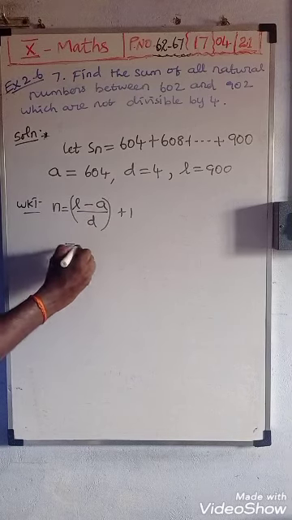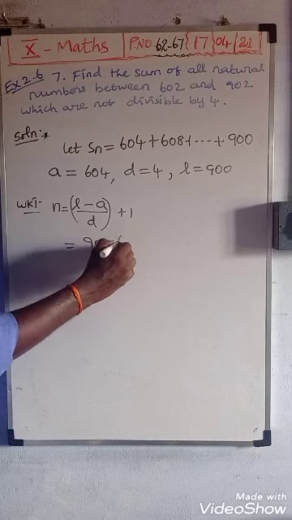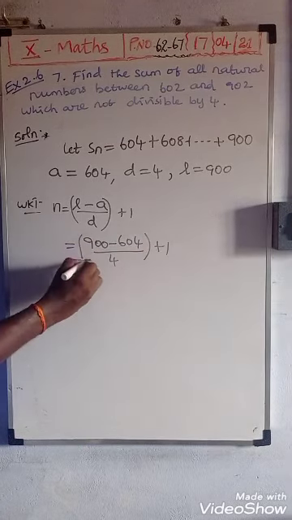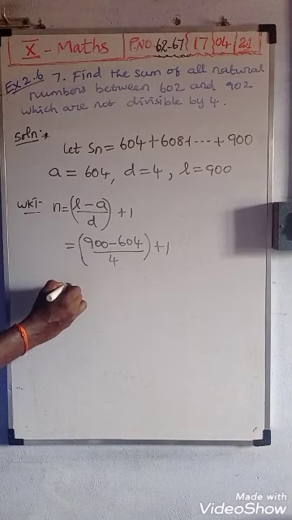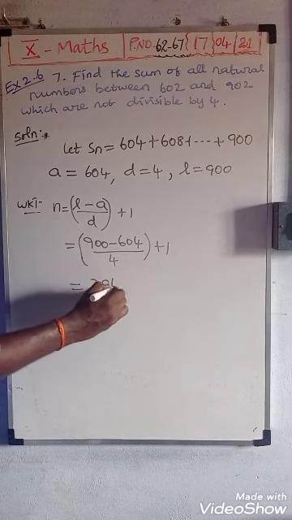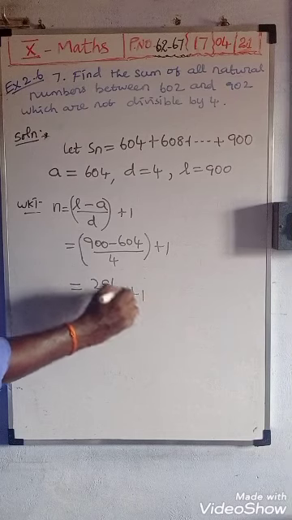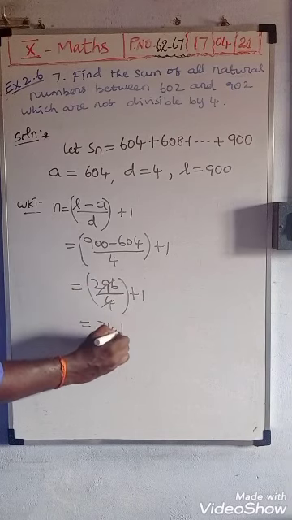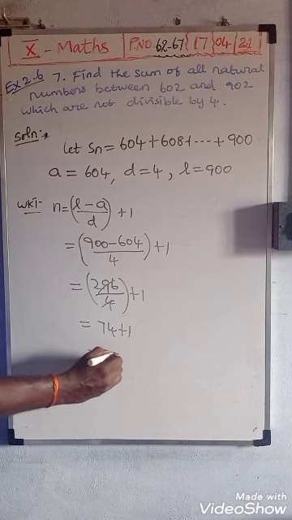Substituting, (900 minus 604) divided by 4 plus 1. Subtracting this, we get 296 by 4 plus 1. Cancelling, we get 74 plus 1, which is 75. So n is equal to 75.